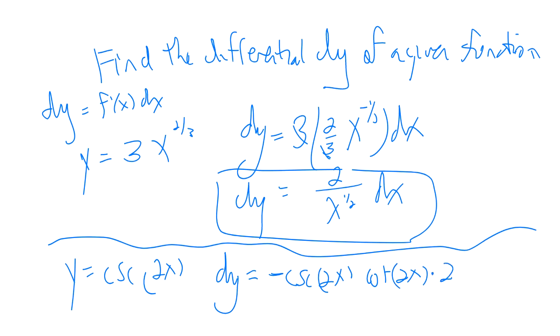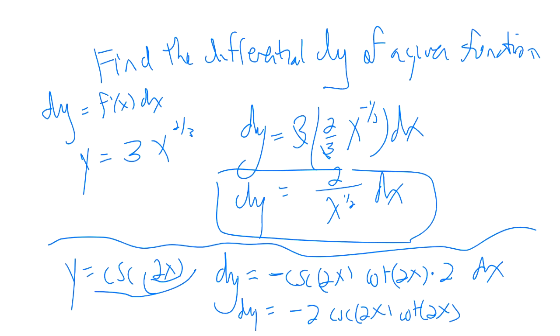And then don't forget your dx. Remember, this is a chain rule. You've got the outside function, then the inside function. So dy is negative 2. We'll pull the 2 down. Cosecant 2x cotangent 2x dx. And that is the answer to that one. It's just as simple as that. It's actually what we did as part of the earlier, longer problem.